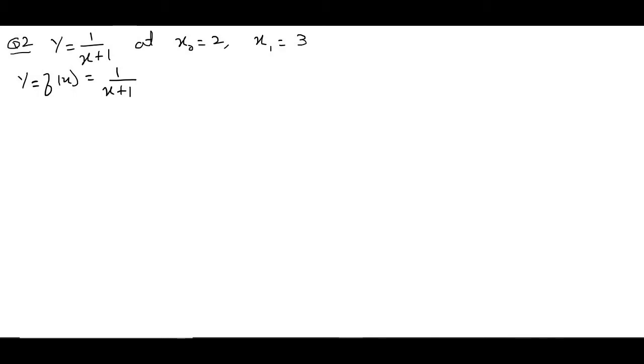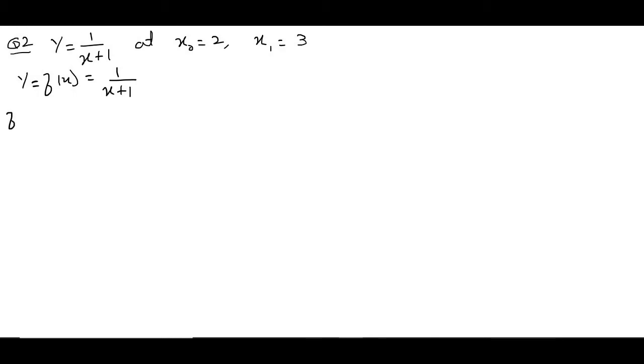Now question number 2. y is equal to 1 over x plus 1 at x naught is equal to 2, x1 is equal to 3. Now first of all we will write it in the form y is equal to f of x is equal to 1 over x plus 1.